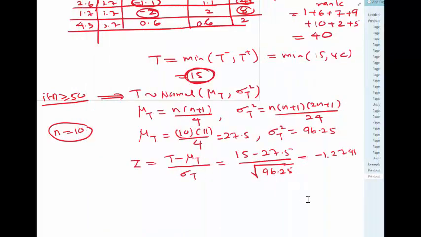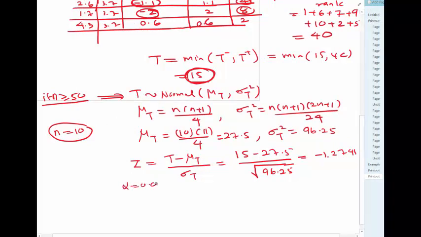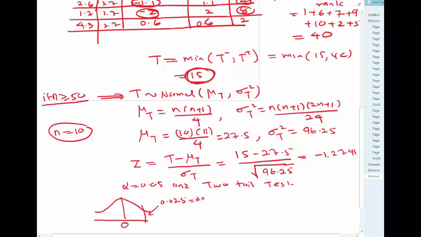So let's calculate z alpha. My alpha is 0.05, and this is a two-tail test. So I calculate z alpha. Here is 0 because this is the standard normal. On this side you have 0.025, which is basically alpha divided by 2, and I want this value z alpha over 2.